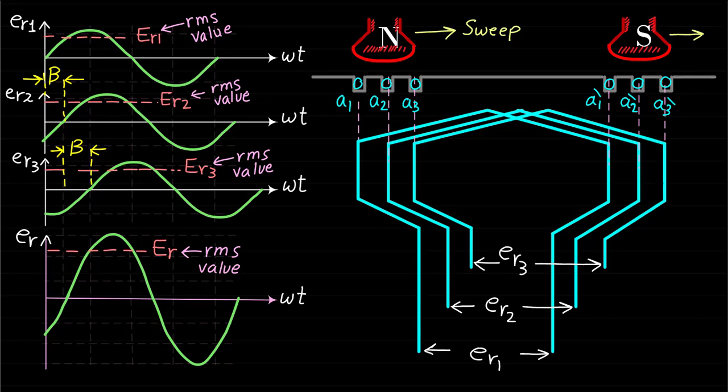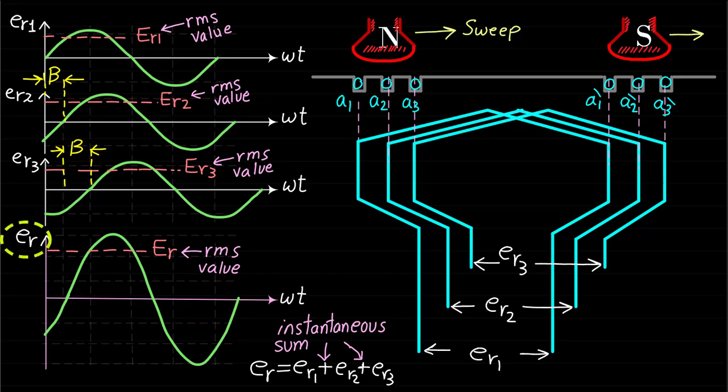This waveform ER shows the fundamental component of the instantaneous sum of the three induced voltages ER1, ER2, and ER3. The instantaneous back EMF induced voltage ER of phase A is equal to the instantaneous sum of the three instantaneous back EMF voltages ER1, ER2, and ER3 because the three coils of phase A are always connected in series.